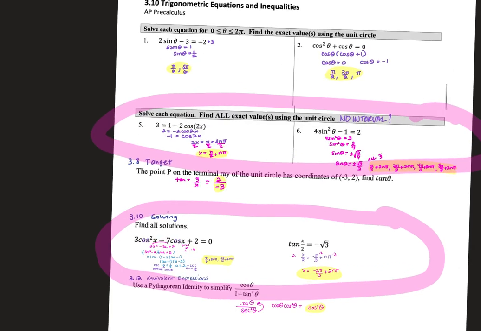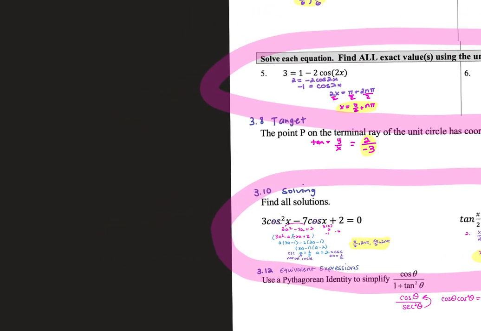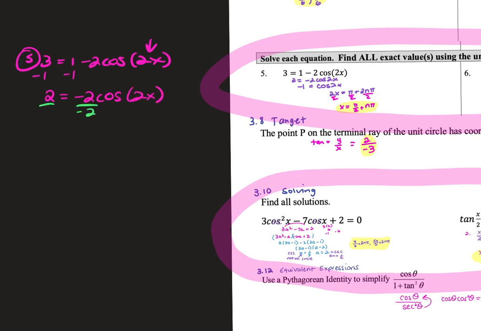All right, I'm going to go over a couple of these questions. Starting with number 5, it says 3 = 1 minus 2 cosine 2x. This is one of the multiple angle ones, so I'm going to solve for that 2x, and then adjust the angle and the interval at the end. I'm going to subtract the 1: 2 equals -2 cosine 2x. Divide by -2, and I get -1 equals cosine 2x.